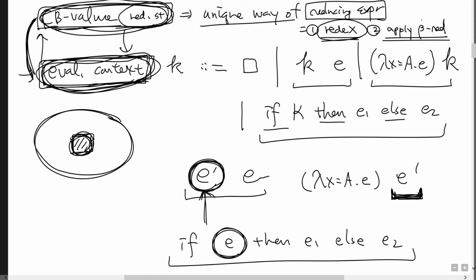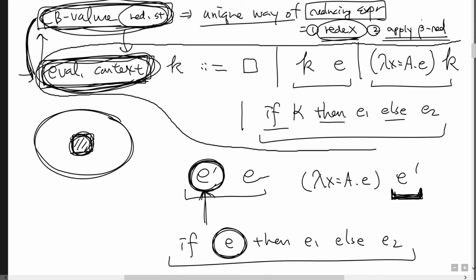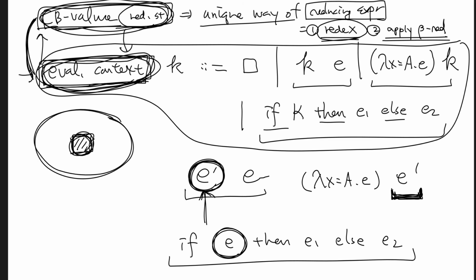So in other words, we just look at this definition of evaluation context, then we can tell right away, oh, this evaluation context corresponds to call by value reduction strategy. So that's the beauty of evaluation context. This single line of inductive definition tells you everything about the reduction strategy you have in mind. In this particular example, it's call by value.